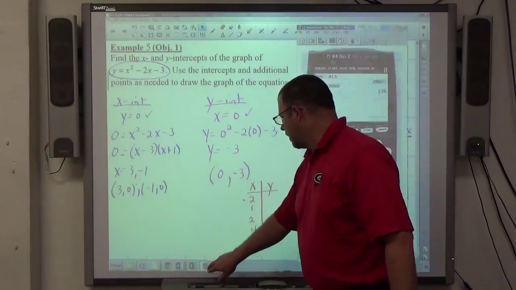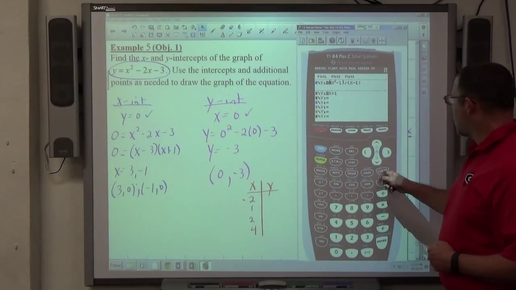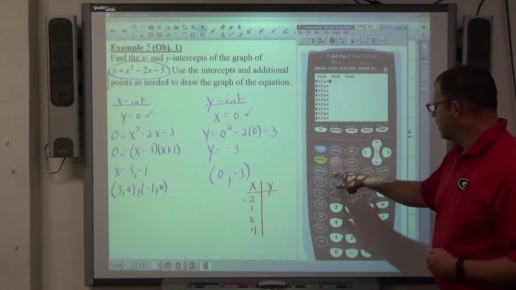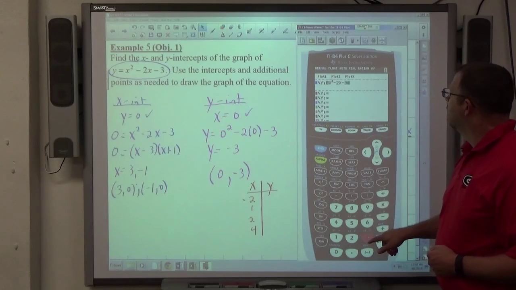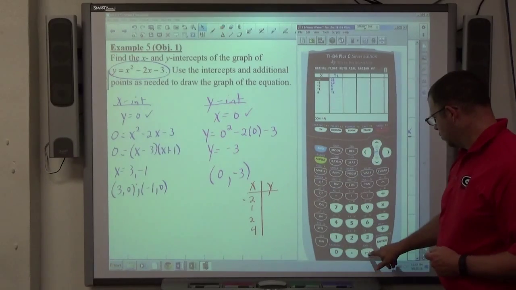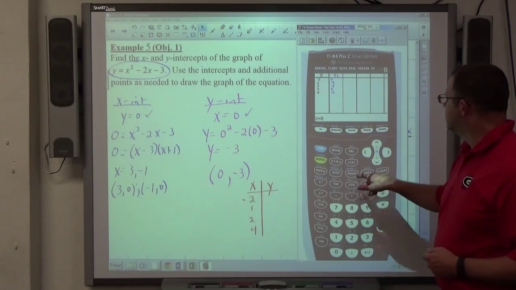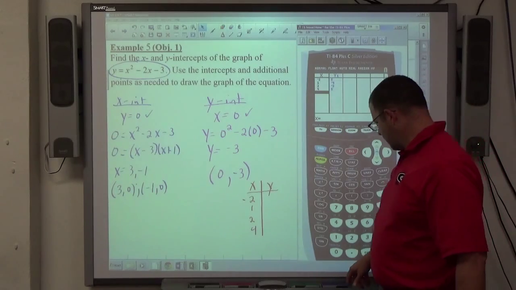If I'm evaluating a lot of things, I'm probably going to just go to my calculator and enter y equals x squared minus 2x minus 3. Go to my table, enter my numbers, negative 2, 1, 2, and 4, and we get 5, negative 4, negative 3, 5.